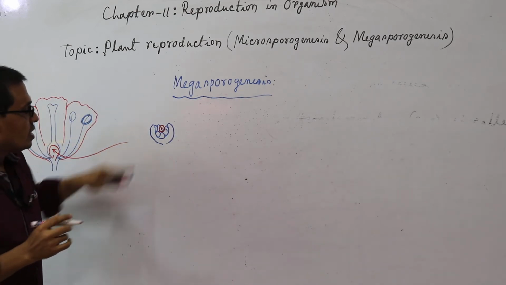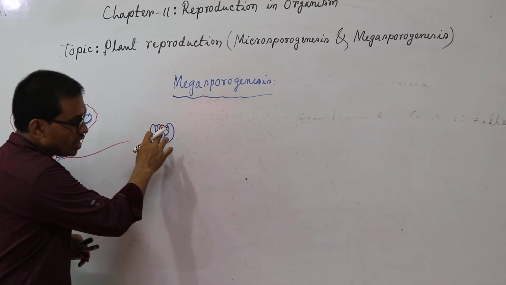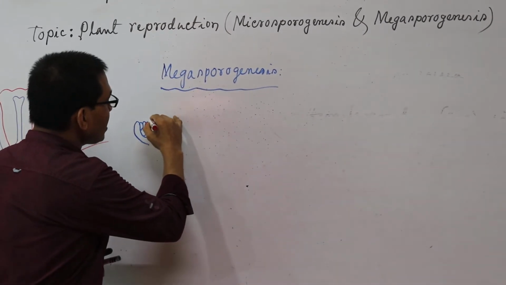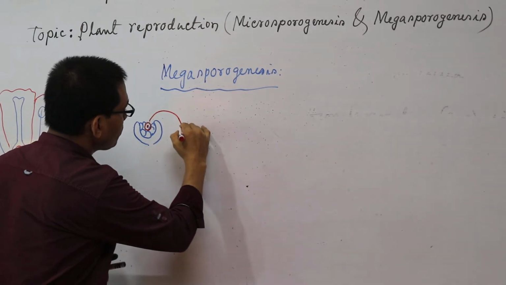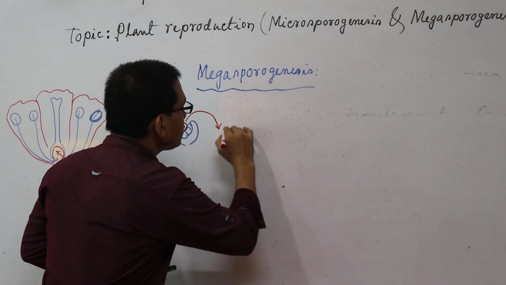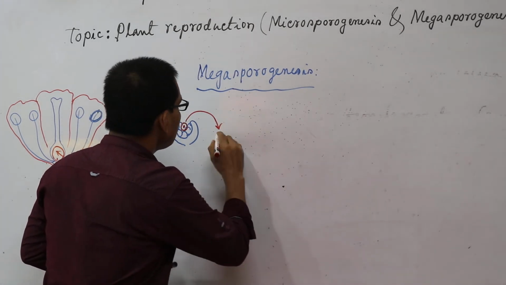This cell, being nourished in the nucellus of ovule, gets larger. Then this cell divides.